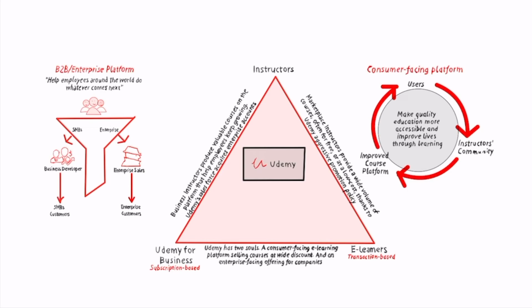Therefore, we have a business model which works in both directions: toward consumers, where the platform sells directly to learners cheap courses made by instructors on any kind of topic. And on the other side, it has also been building up its small business and enterprise platform where companies can grab a subscription plan, and based on that they can have unlimited access for their employees to the platform.